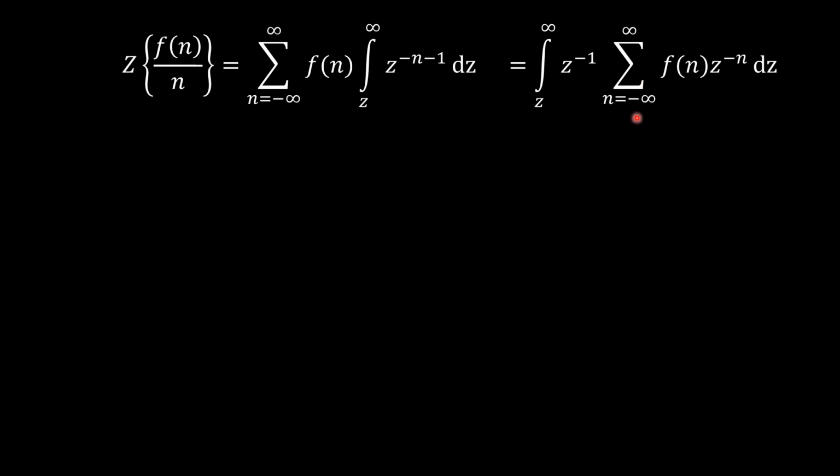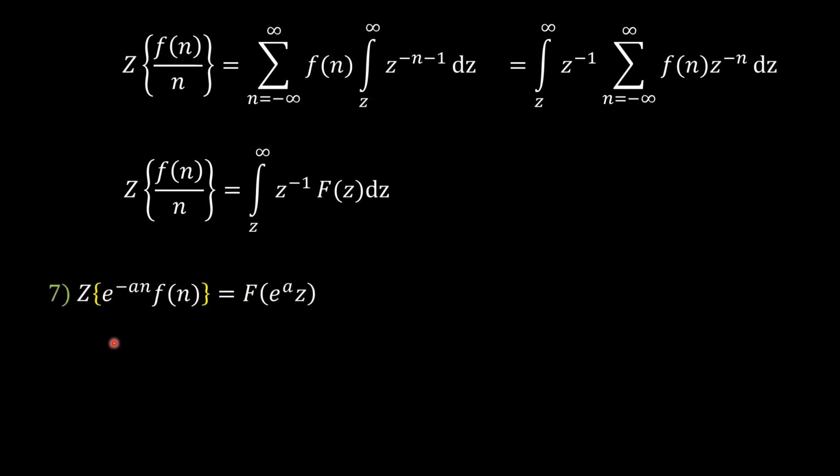So z inverse, summation n runs from minus infinity to infinity f of n z raised to minus n dz. If we see this term with the summation sign, then this will be f of z. Therefore it will give us z transform of f of n upon n is equal to integration from z to infinity z inverse into f of z dz, which is the required property, that is division by n.